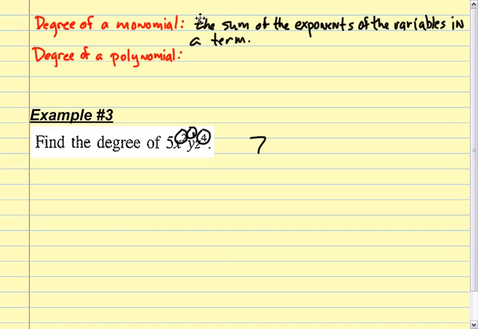Okay, you with me? Now, the degree of a polynomial is the highest degree of its terms. It is the same as the term that has the highest degree.